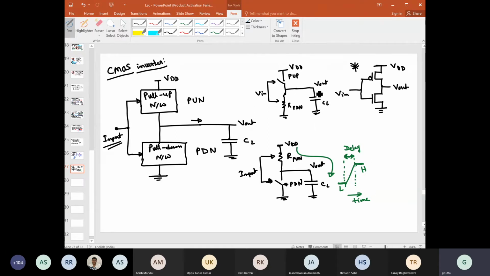This is V output. So as this pull down network is now connected with the ground, it can discharge if, suppose, this is initially charged, and there will be a transition of this output. If this is initially charged, that means in a higher state, so from higher state to lower state, right? And you can see here also there will be some delay, right? We will discuss about this delay later on, right?